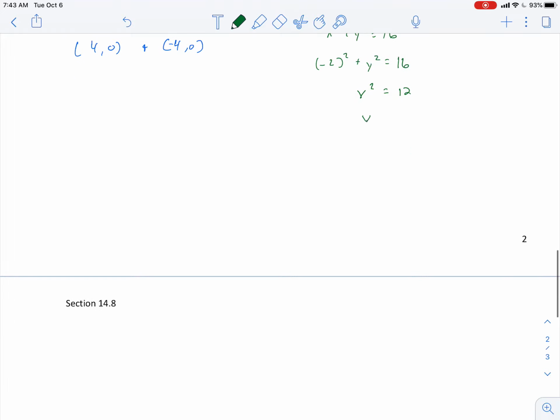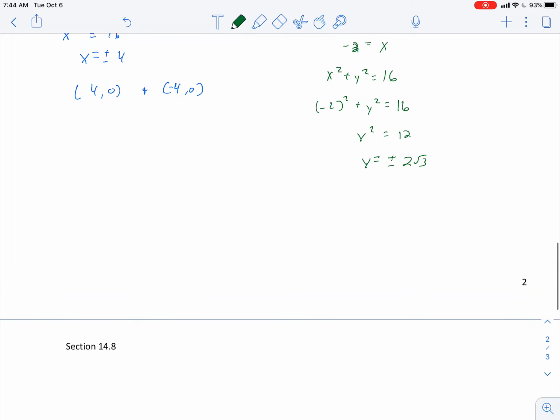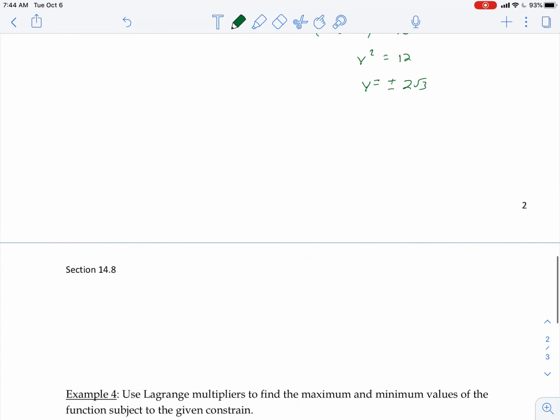Square root both sides. y is equal to the square root of 12, or plus or minus 2 square roots of 3. All right, so then that gives us two other points. When x is negative 2, y can be 2 square roots of 3, or negative 2 radical 3.